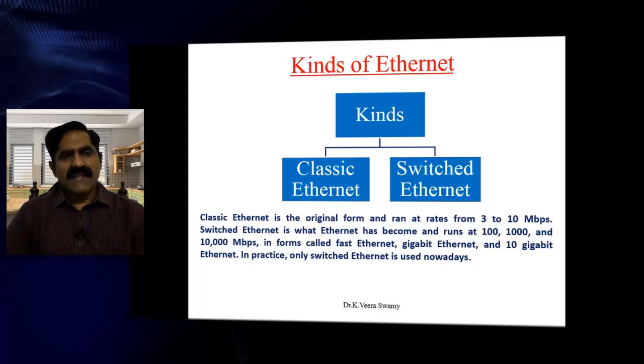Basically, classic Ethernet is the original form and varied from 3 Mbps to 10 Mbps, whereas with switched Ethernet, 100 to 1000 and 1000 to 10,000 Mbps is possible. Afterwards, we are even trying 10 gigabit Ethernet also. But nowadays, most of the LANs are switched Ethernet.